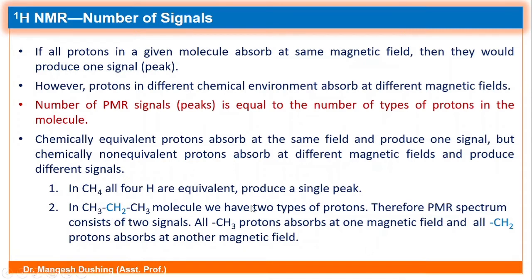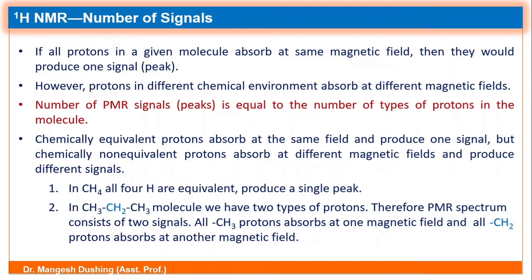In this way, if you apply symmetry to the molecule, if you put a plane of symmetry over here, this CH3 and this CH3 will be the same. So we have to see their chemical environment. If their chemical and electronic environment is the same, they give only one peak in the spectrum.